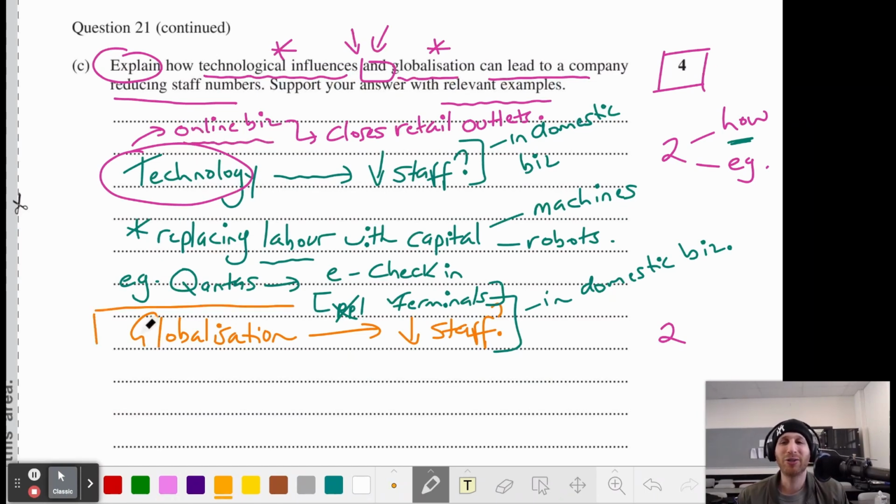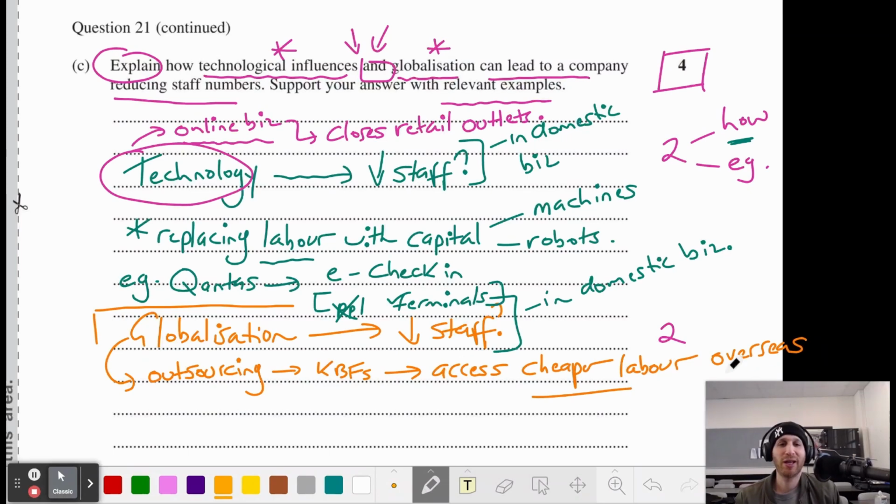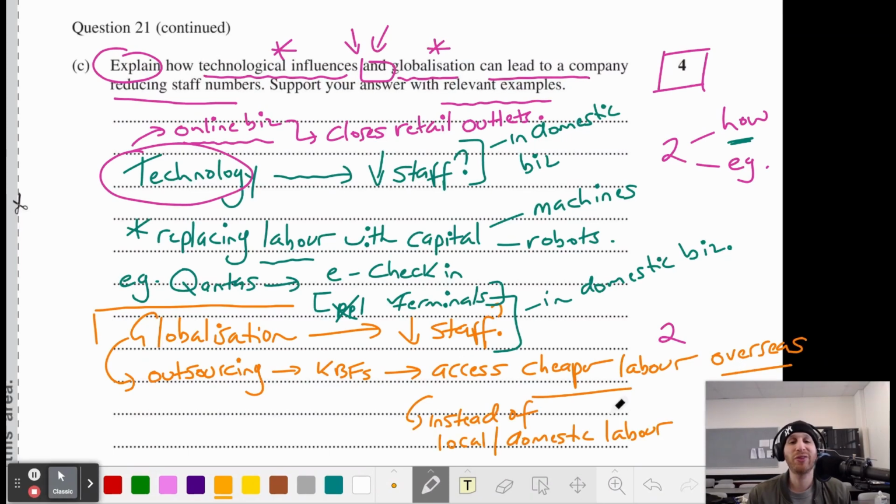When I think about globalization and reducing staff numbers, I really think about outsourcing. The idea here would be that if a company outsources a key business function, it can access cheaper labor overseas, using that instead of local or domestic labor, and that local or domestic labor commands higher wages.